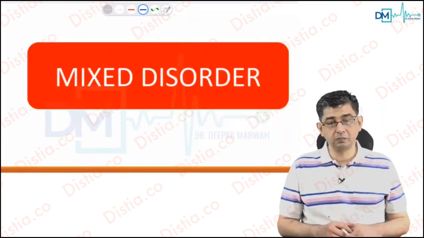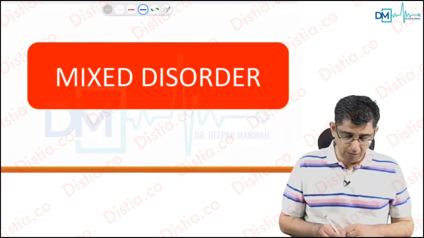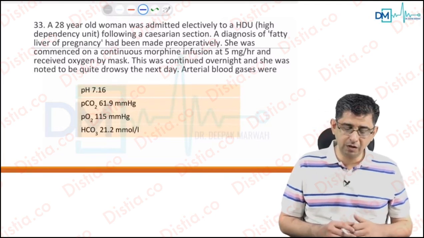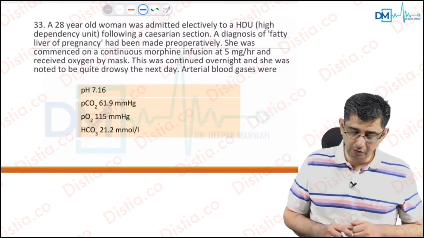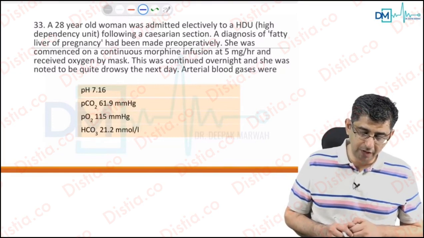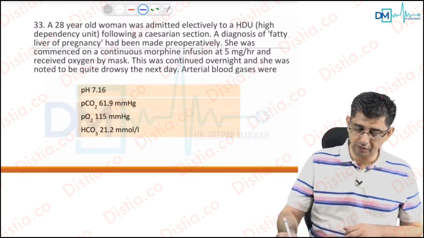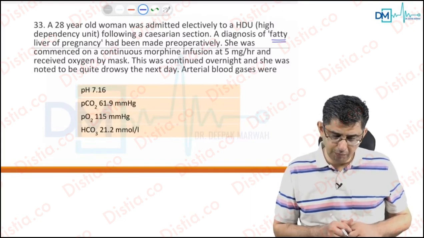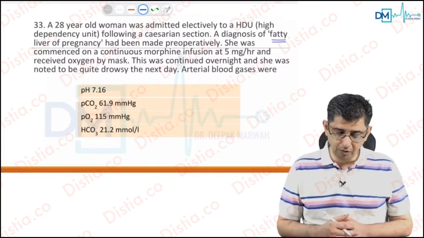Moving to the next one, mixed disorders. This is the one that you really need to be least bothered about because it's very in your face. A 28-year-old lady was admitted to the high dependency unit following a cesarean section. A diagnosis of fatty liver of pregnancy had been made pre-operatively, and she maybe has right upper quadrant pain, so they put her on a morphine infusion.